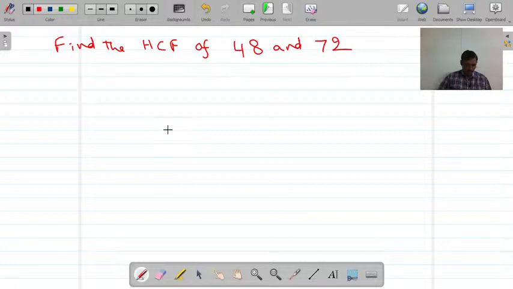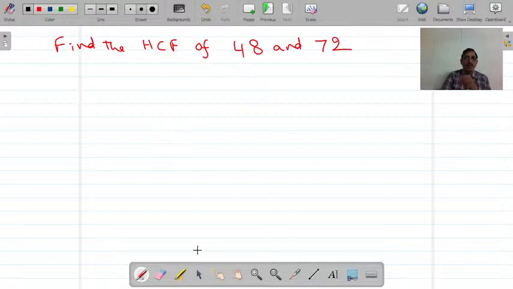Yeah, what is the answer you got for this? 48 and 72. What is the HCF of 48 and 72? Yes, fantastic. 24 is the HCF.